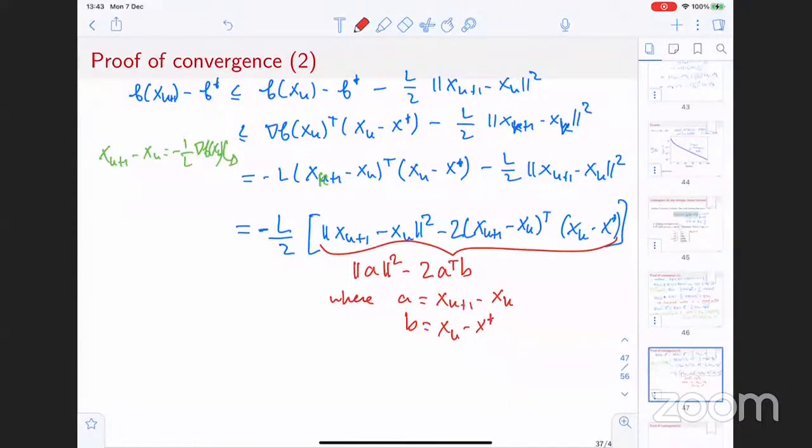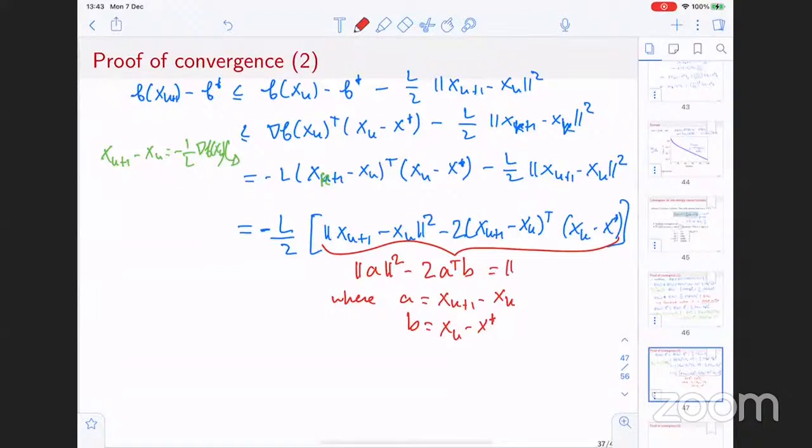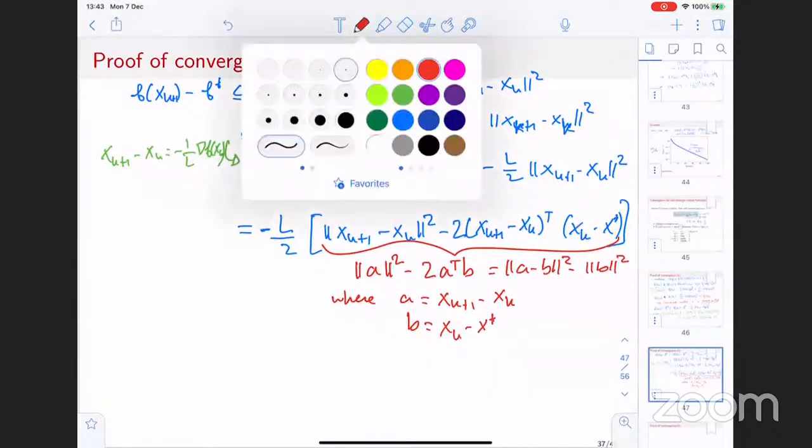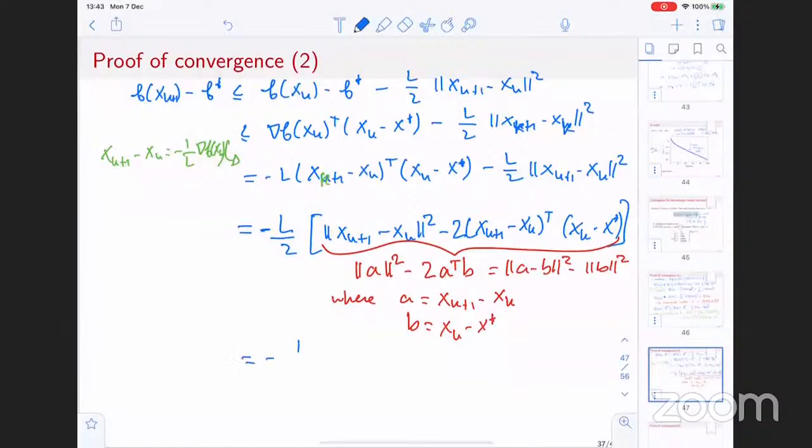So then, if you use the fact that norm of a squared minus 2 a transpose b is equal to the norm of a minus b squared minus the norm of b squared, what you will get is that this is equal to minus L over 2 times the norm of xk plus 1 minus x star squared minus the norm.